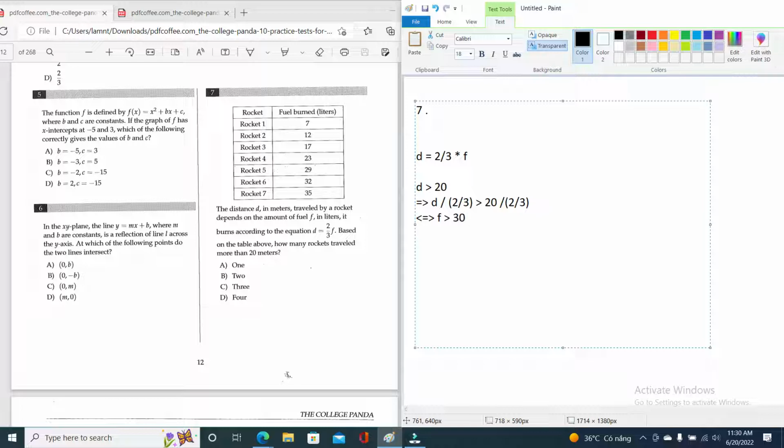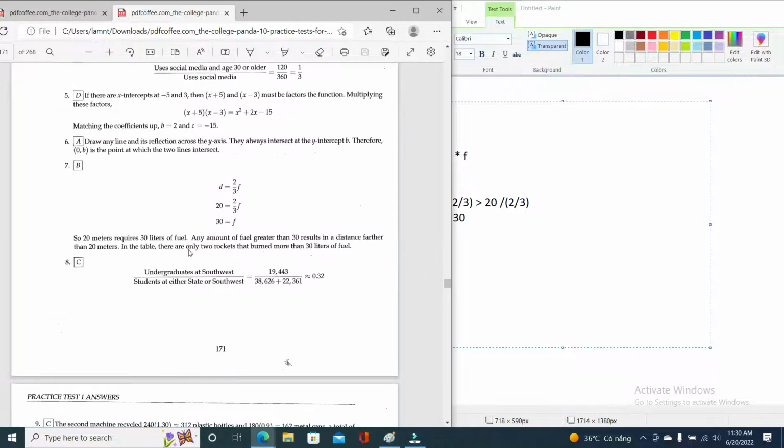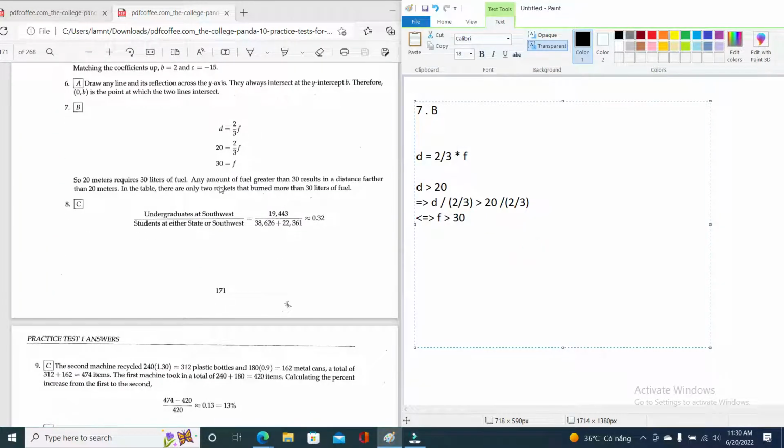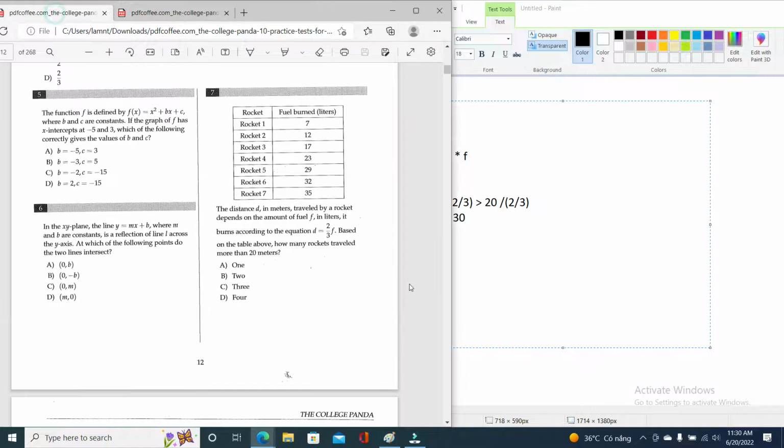So how many of them are bigger than 30? Rocket 6 and rocket 7. So I think the answer of 7 is B, and 7 is B indeed. F is bigger than 30, right?